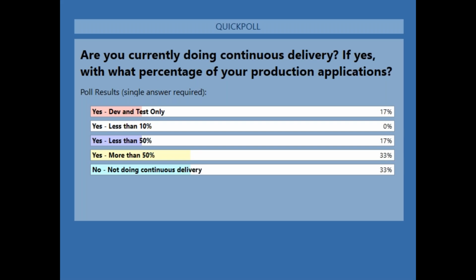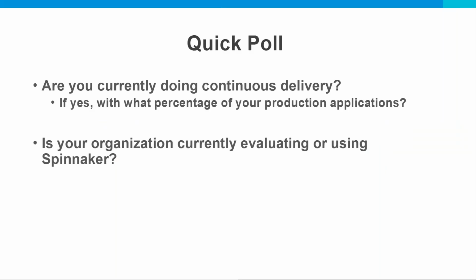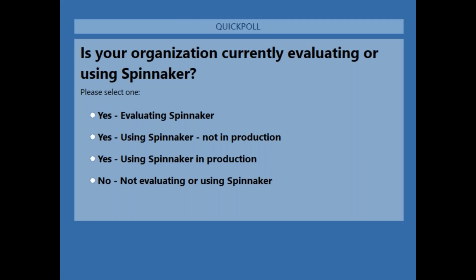Next question: is your organization currently evaluating or using Spinnaker? Are you evaluating it, using it in production, using it not in production, or not using it and not evaluating it at all? Same thing, it's totally optional, but if you could answer the question, I'll share the results.